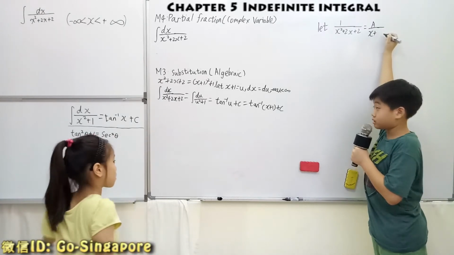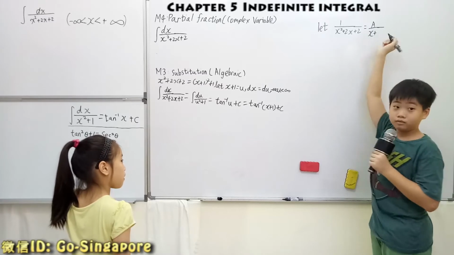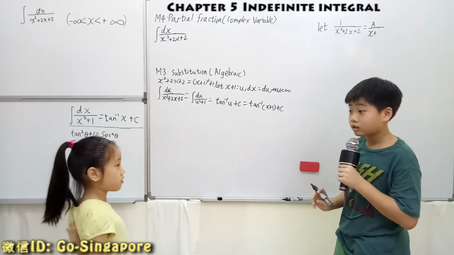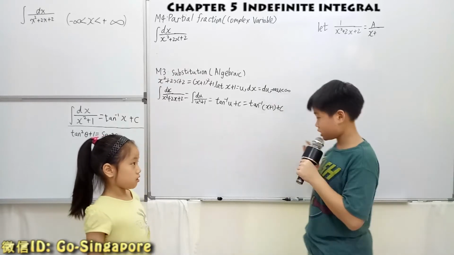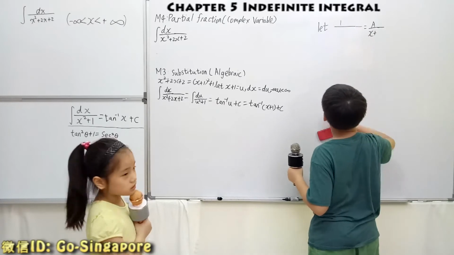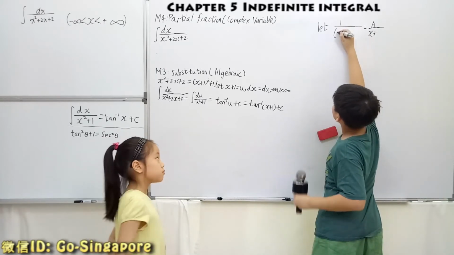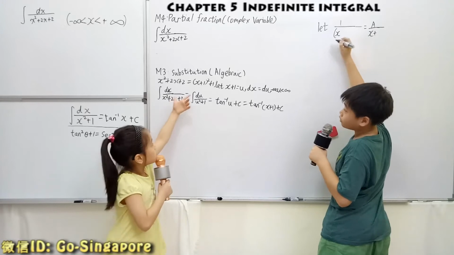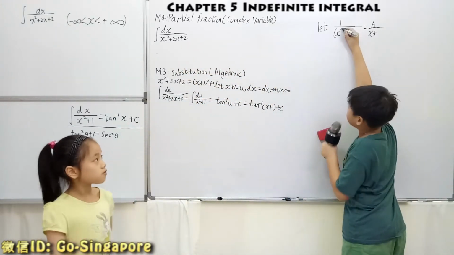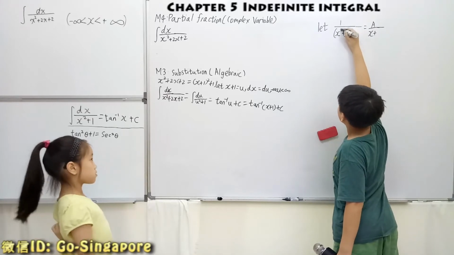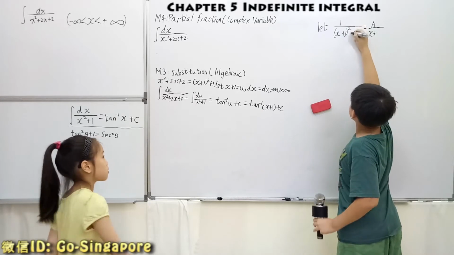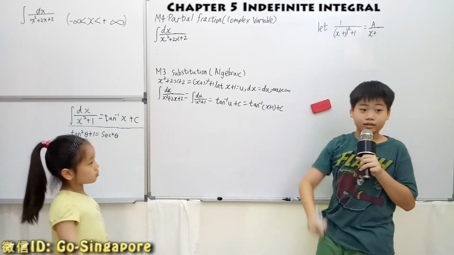So like this is the A over. Okay, so remember this part. When we factorize, what happens? When we factorize, it becomes. Okay, so for example, this one is a, is it like this?